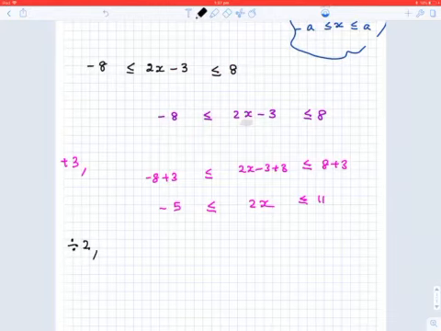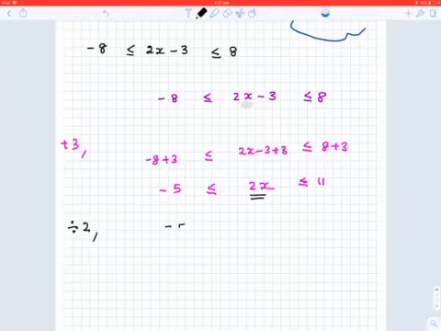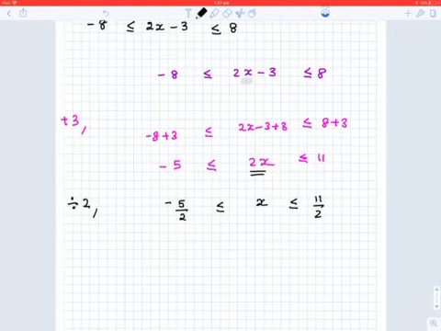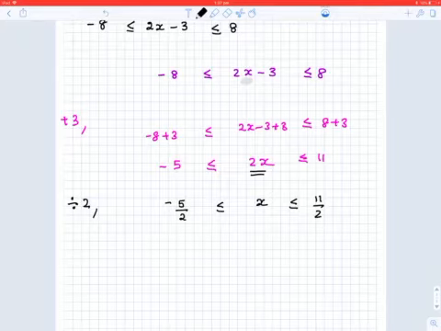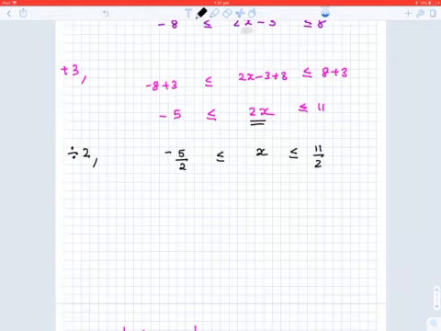Still I have 2x and I want only x, so I divide by 2 throughout, because there is 2x. That gives minus 5 by 2 less than or equal to x less than or equal to 11 by 2.